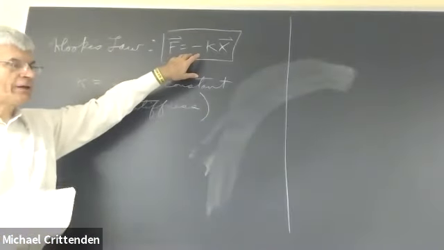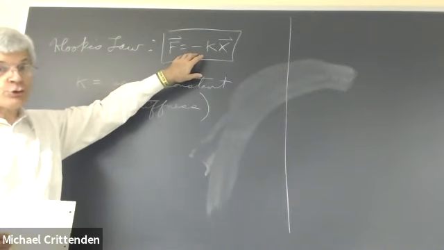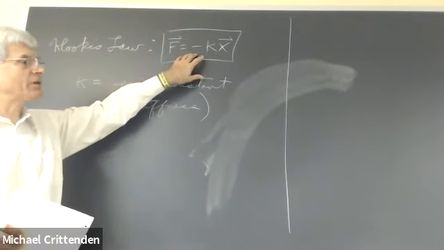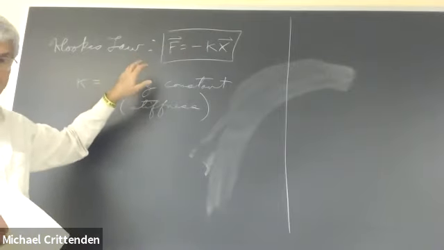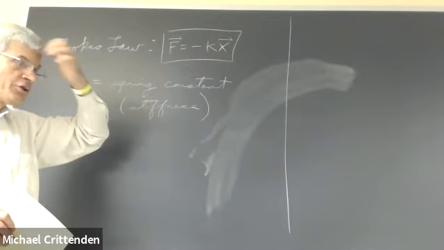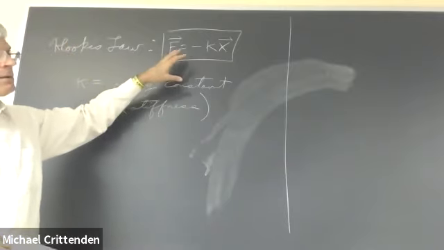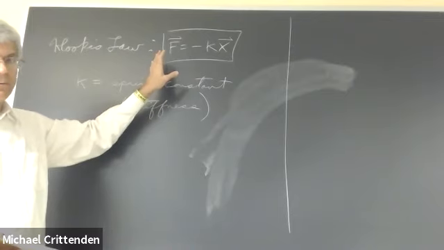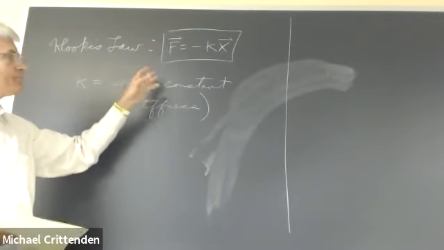So Hooke's law is a decent approximation to reality as long as you don't stretch the thing too far and pass that elastic limit. So it is not some basic fundamental law of nature like Newton's second law. Rather, it's a model for elastic behavior that works fairly well a lot of the time.